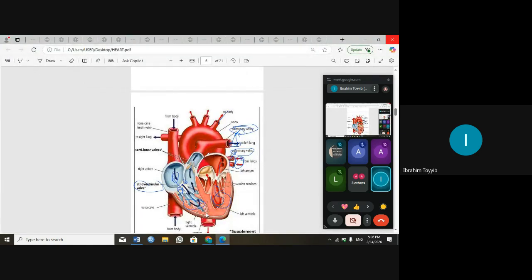So after being oxygenated, the blood flows into other subsystems of the systemic circulation. So there is coronary circulation. You know, coronary artery is the artery that carries blood to the what? To the heart.